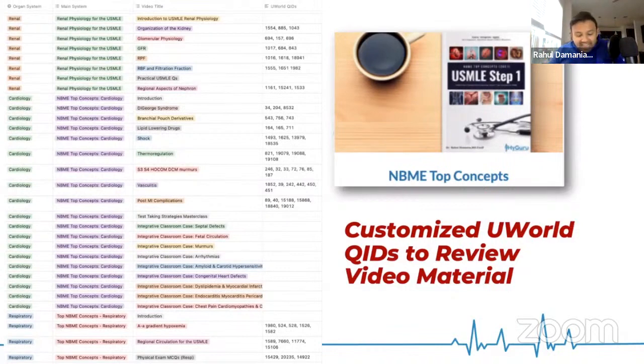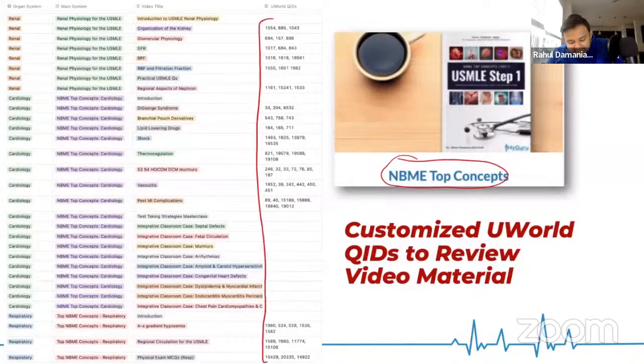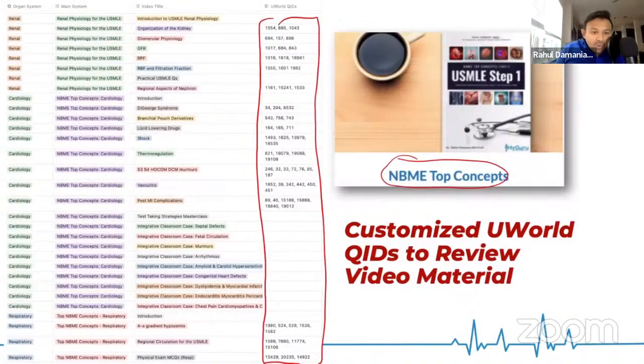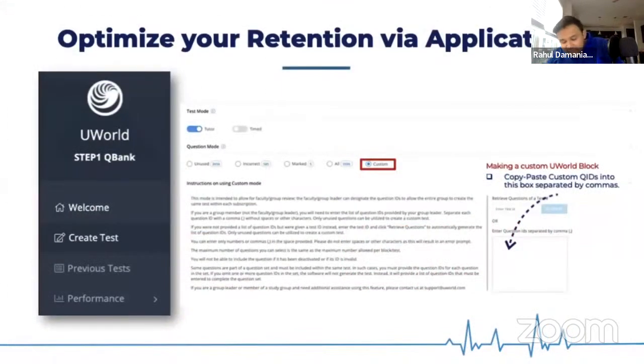So you will get a whole document that I made that basically maps my NBME top concepts course to various UWorld question IDs. So you can take these question IDs after you watch the videos and copy paste them into making a custom UWorld block, and you can test your knowledge on those specific high yield topics that I go through. So this is such a unique way to learn.